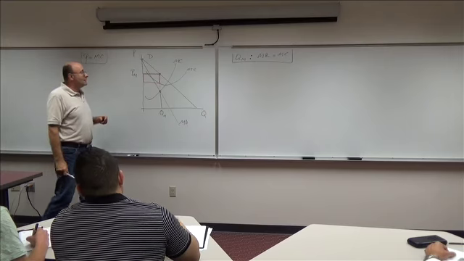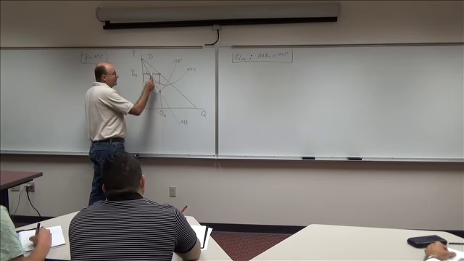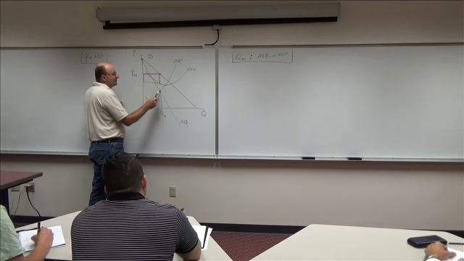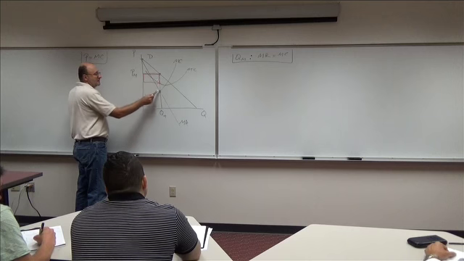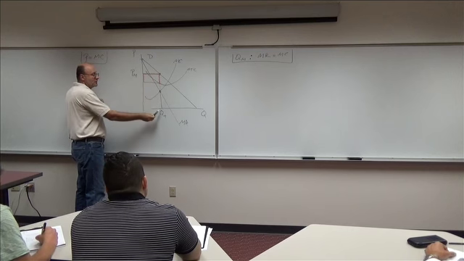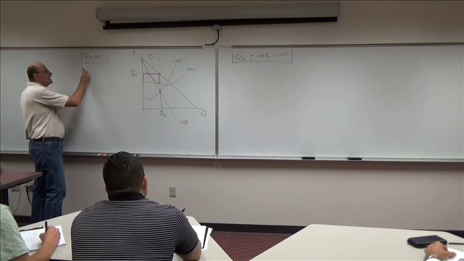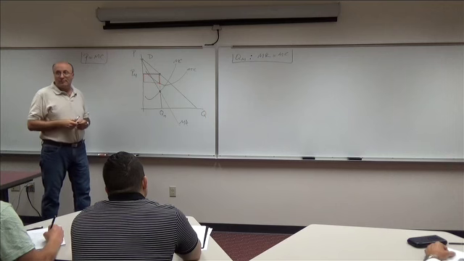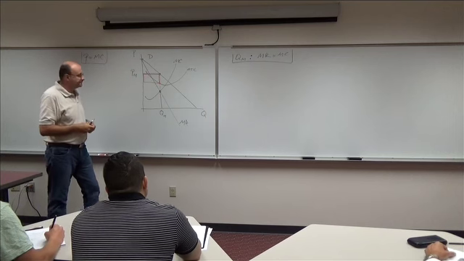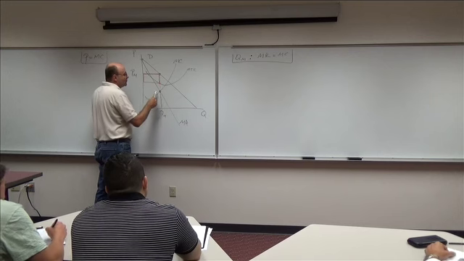Question, is the monopoly producing where price equals marginal cost? This is price, this is marginal cost. They're not equal to each other at that point. Can you find a quantity that would actually satisfy this competitive profit maximization condition, where marginal cost is equal to price?